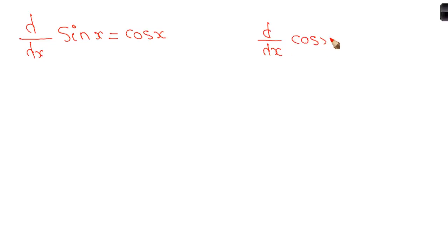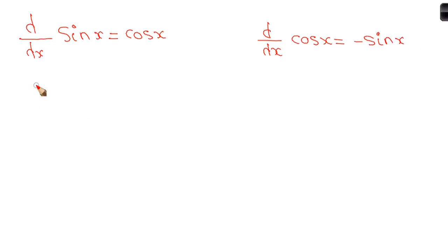So let me recap the formulas we have learned. One is the derivative of sin x. The derivative of sin x is cos x. And the second is the derivative of cos x. What is the derivative of cos x? The derivative of cos x is minus sin x.